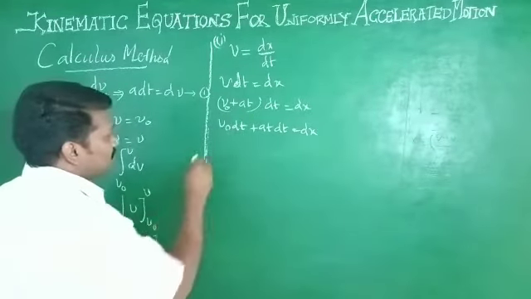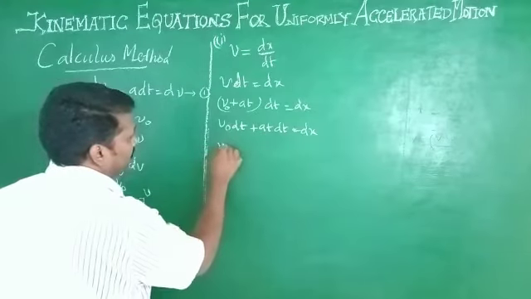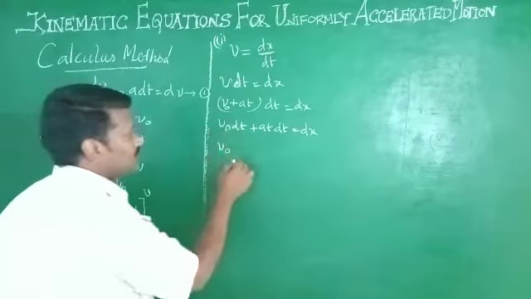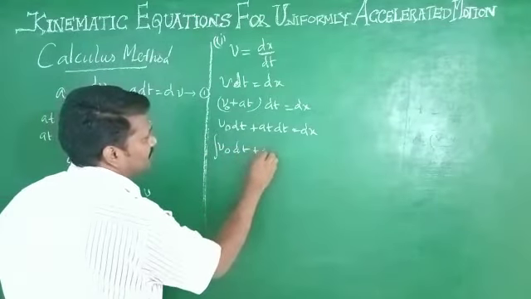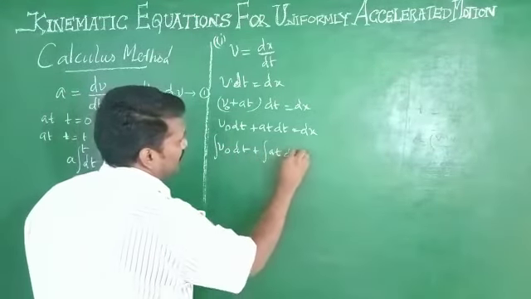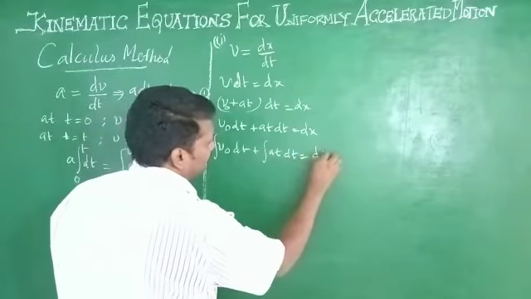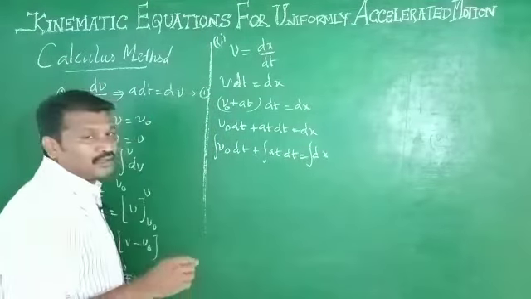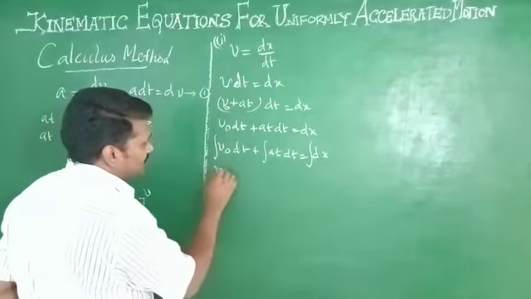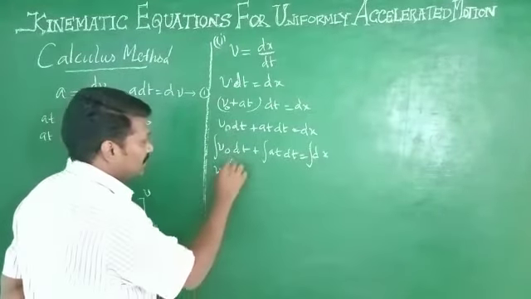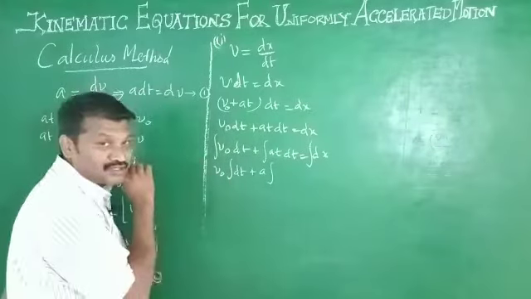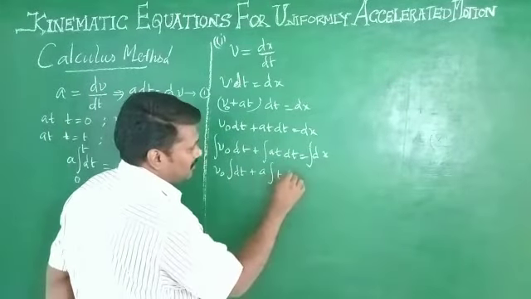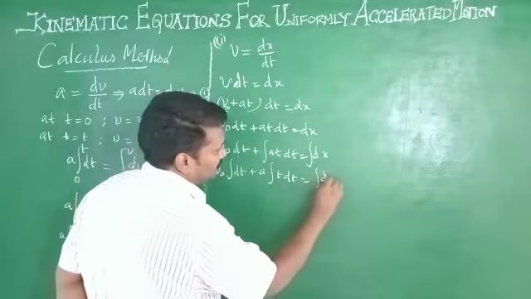Now integrate on both sides. We get integral of v naught dt plus integral of at dt equal to integral dx.